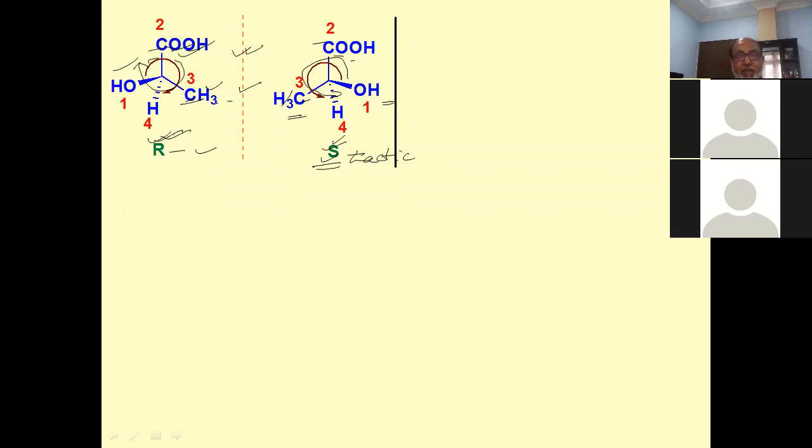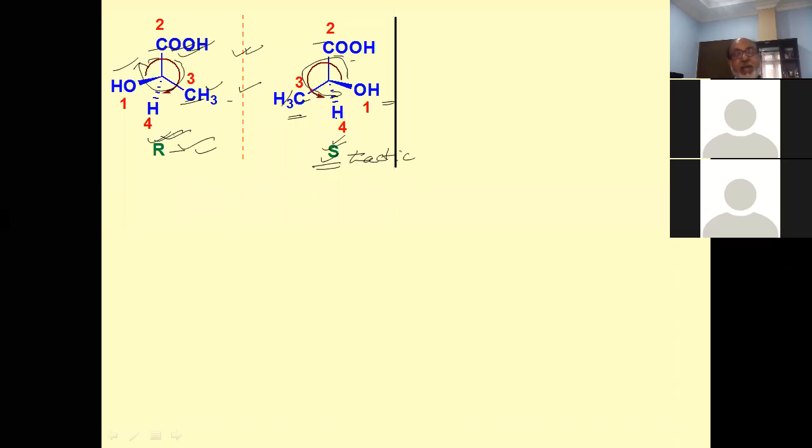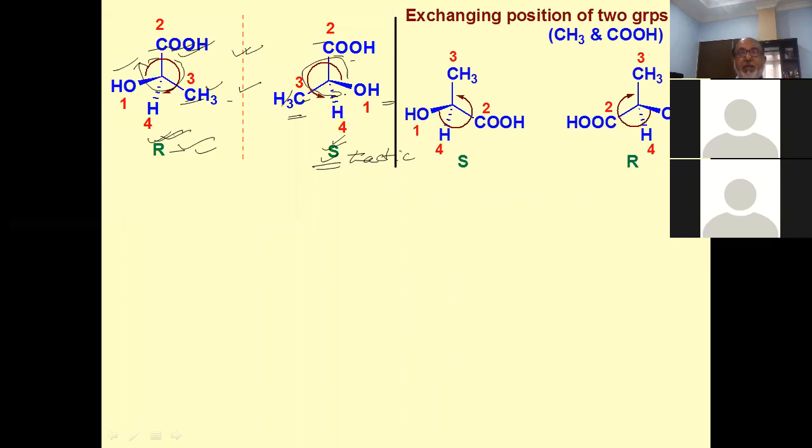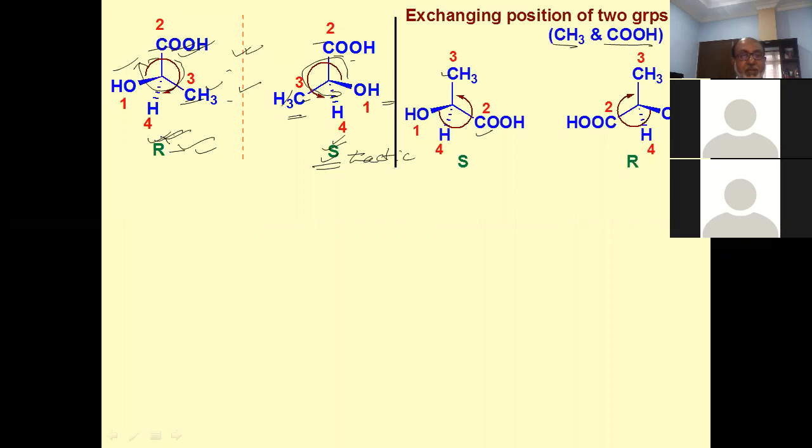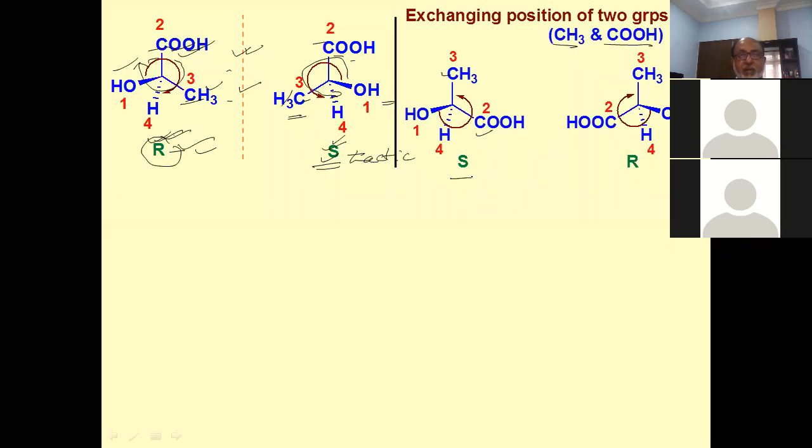If I make one exchange between two groups, if this is R, the other structure will become S. So just see, exchange of position of two groups. Suppose we have exchanged CH3 with COH here. So CH3 has come here and COH has come here. In that case, what will happen? This was R, so this will become S.